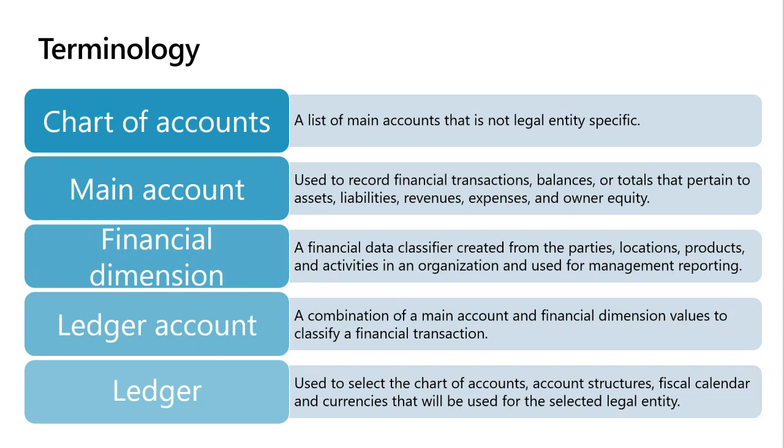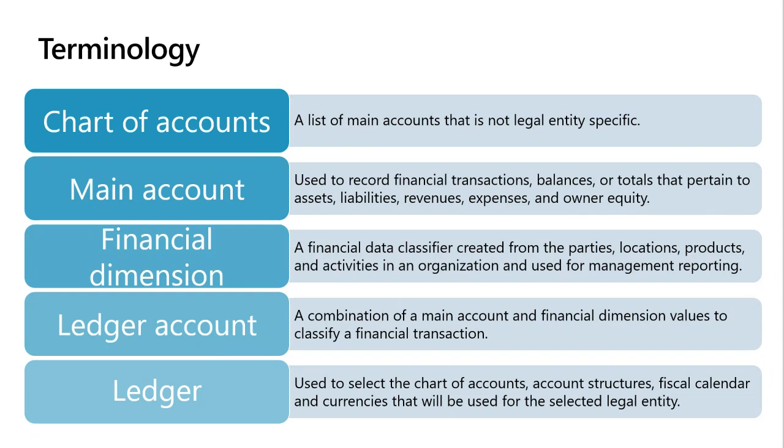Next term that I want to talk about are main accounts. Main accounts are really the core of the chart. In some systems, this may be referred to as the natural account. These accounts are what we use to track the detailed transactions, whether they be assets, liabilities, expenses, and so on.